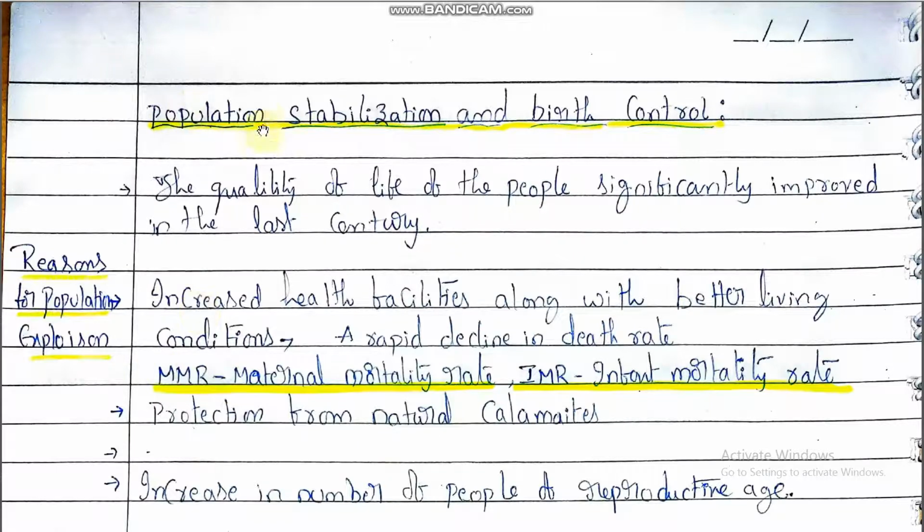So what is meant by population? Earlier we discussed that population means the species, the organisms, which live in one region, at a particular time and in a particular area. For example, in the year 2019, the population of Karnataka state.